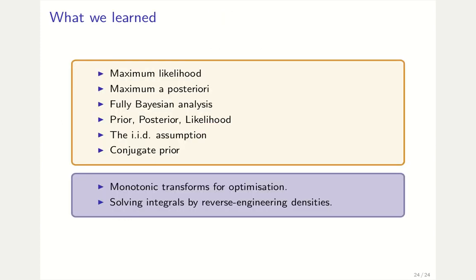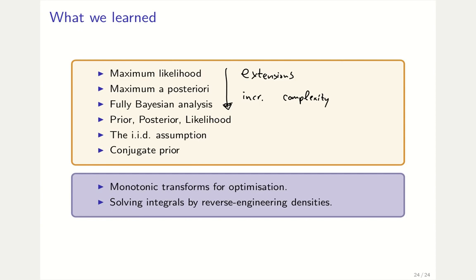The only thing that is left to do now is to summarize the key learnings of this video and these slides. And of course, there are the 3 big concepts we've been talking about all the time: maximum likelihood, maximum a posteriori, and fully Bayesian analysis, which naturally extend to each other. But this increasing capability, of course, comes with increasing computational complexity.